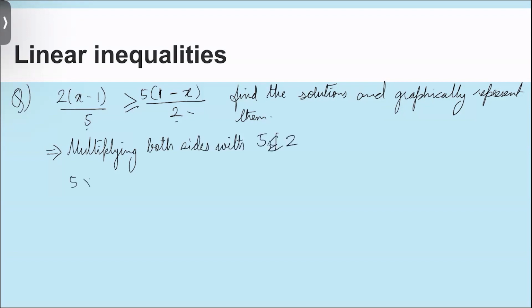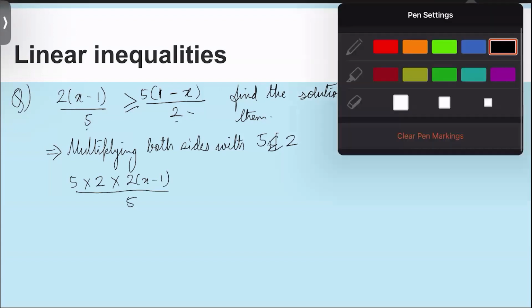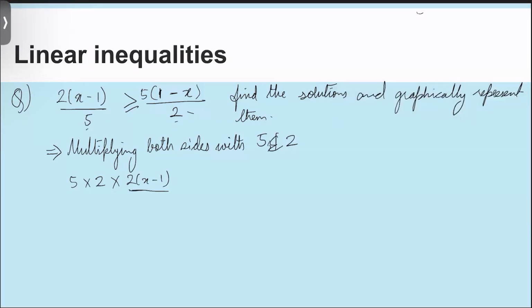So you have 5 into 2 into (2x minus 1) by 5, and that is greater than or equal to 5 (1 minus x by 2) multiplied by 5 and 2.